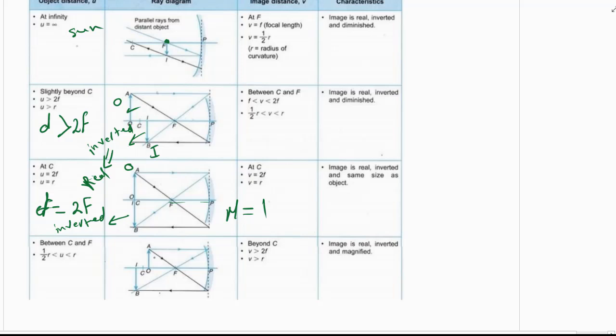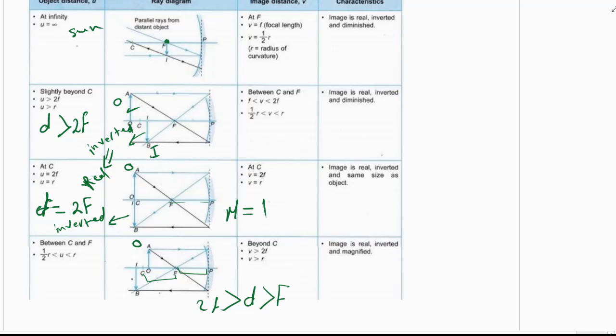But in this situation, now the object is at a distance greater than f and less than 2f, which means it's at a point between f and 2f.